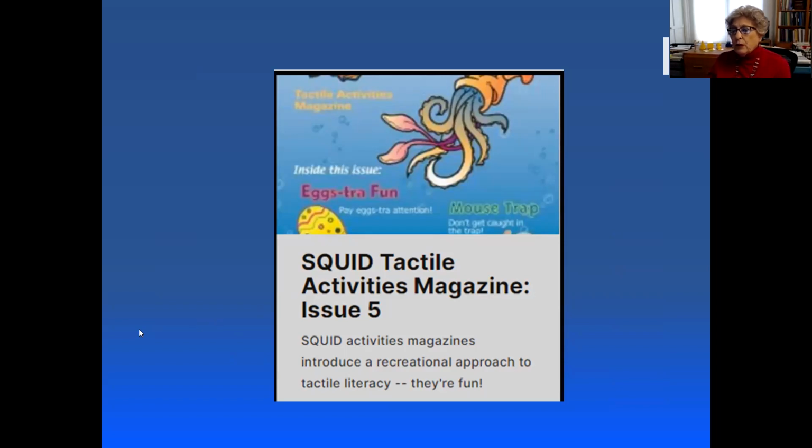If you can look through those and see what makes sense, and then provide a real object or a replica of whatever it is they're supposed to be working on, then you've helped kids make that transition from concrete to abstract along the way. I don't know whether there are any squids out there that are available, but that would be interesting to see.